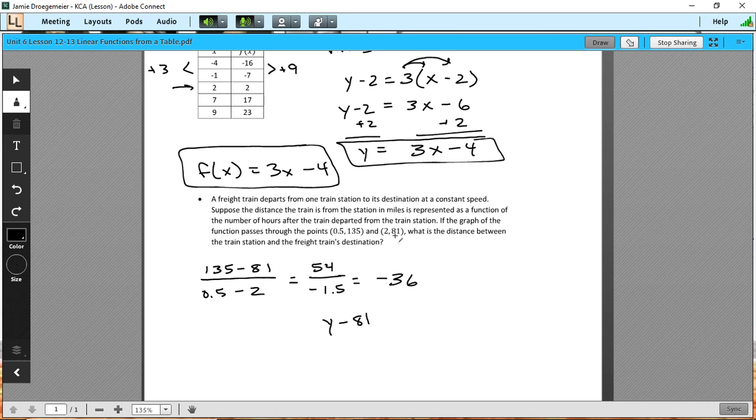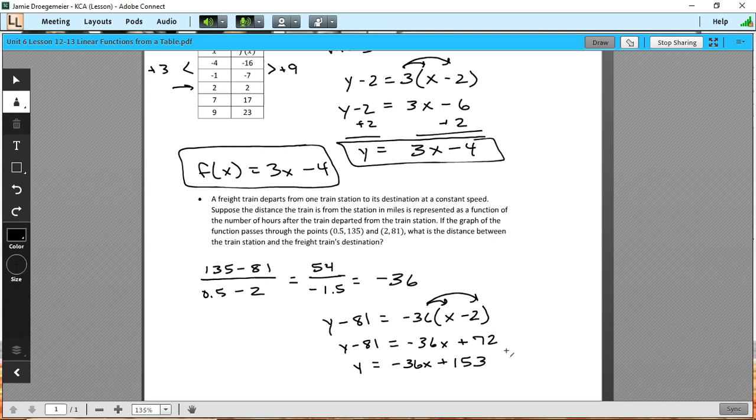y minus the y value from a point equals the slope times x minus the x value, which was 2. And now we're going to distribute so that we can simplify and solve. So y minus 81 is equal to negative 36 times x, and negative 36 times negative 2 is positive 72. And then I would add this 81 to each side, so I get y equals negative 36x, and then 72 plus 81 is 153.